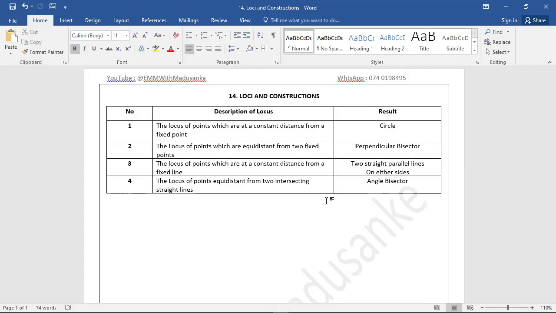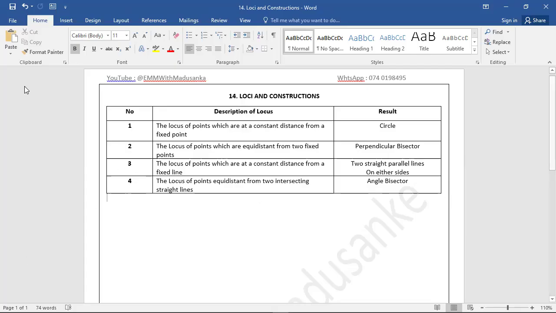Construct and show the locus of points which are equidistant from two fixed points. When you read the two fixed points, you need to remember the result should be the perpendicular bisector. Right? Third one, they will ask construct, right?